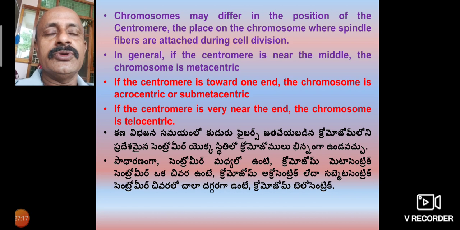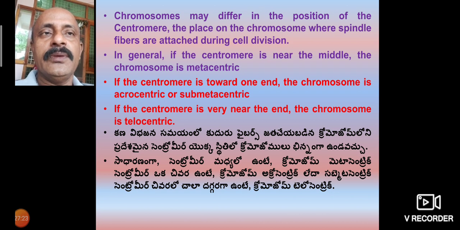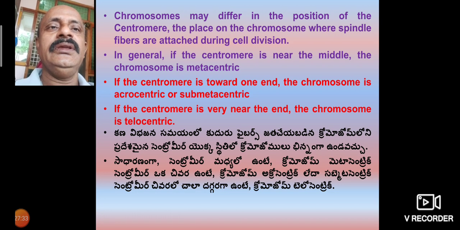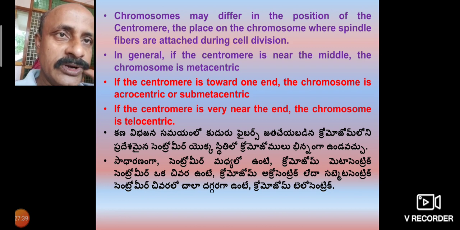But the chromosomes may differ in the position of the centromeres, the place on the chromosome where spindle fibers are attached during division. In general, if the centromere is near the middle, the chromosome is metacentric.